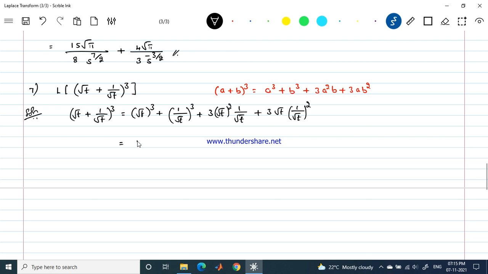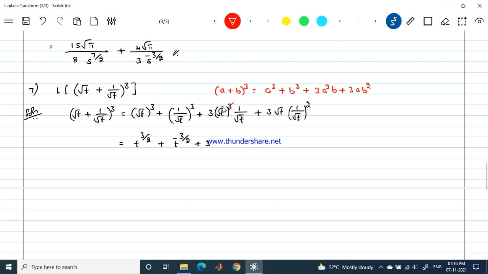This is equal to, let me put it in a standard form. Root t is nothing but t power 1 by 2 raised with the power 3, so it becomes t power 3 by 2. This is nothing but, if I take this to the numerator, it is t power minus 1 by 2 whole power 3, so it becomes t power minus 3 by 2.